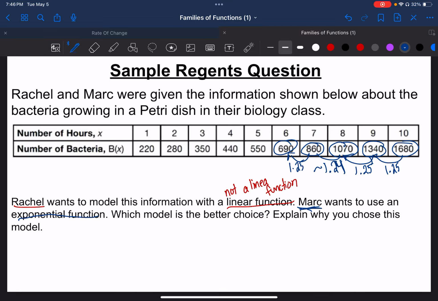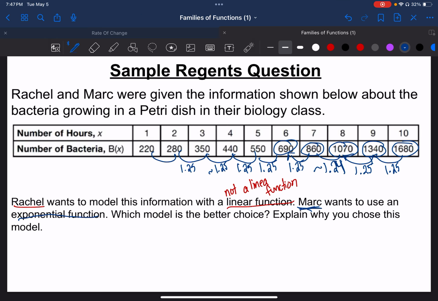Then we do 690 divided by 550, and again we get 1.25. And then 550 divided by 440, and we get 1.25. 440 divided by 350, about 1.25 or 26. 350 divided by 280, we get 1.25.